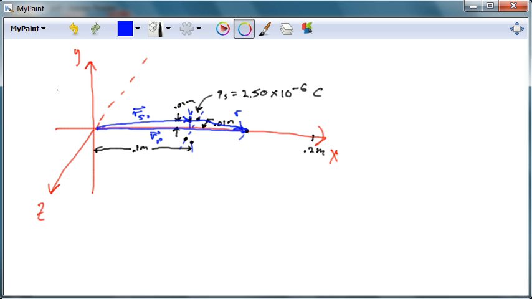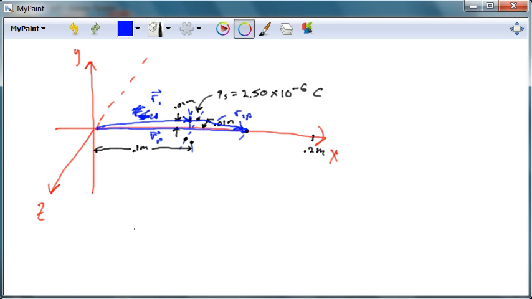So that's R1. And this one will then be R from R1 to RP, so I'll call it R1P.